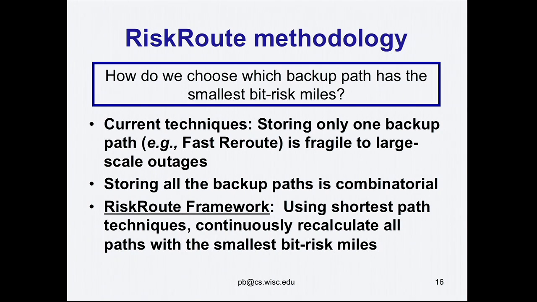Of course, storing all backup paths is probably not something that is feasible. So what our framework allows is a comparison, or the way that we apply it in the paper is by a comparison between simply shortest paths between two nodes and the expanded path that's identified to lower risk through our optimization framework.